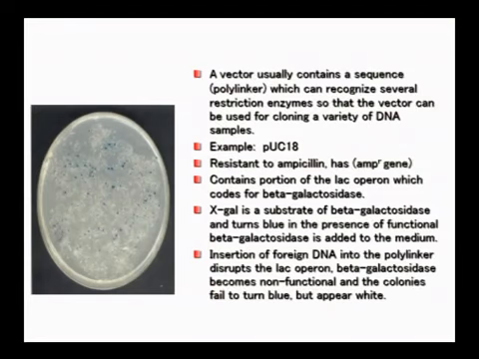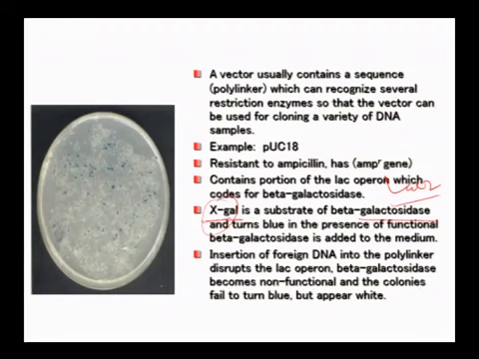The colonies with blue color are non-recombinants and the white colonies are the recombinants. Here the substrate X-gal is used. As you know, lacZ encodes for beta galactosidase. If beta galactosidase enzyme is present, it will convert this X-gal, and if this enzyme is not there, it cannot convert. Hence, the X-gal without conversion will remain blue.